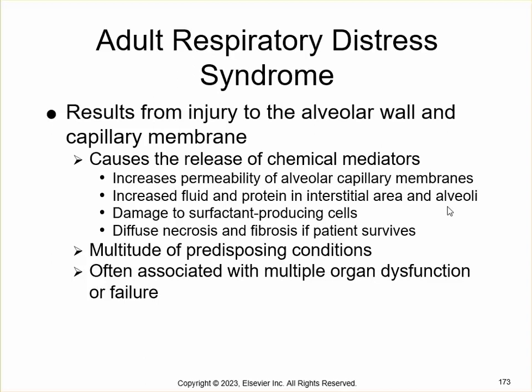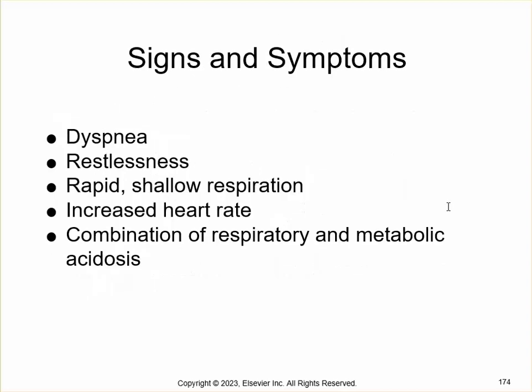Lots of conditions that predispose, so organ dysfunction, liver dysfunction, things like lupus and autoimmune diseases, all of these things can lead to this adult respiratory distress syndrome. Difficulty breathing, restlessness, shallow respiration, increased heart rate, metabolic acidosis and respiratory acidosis combined.